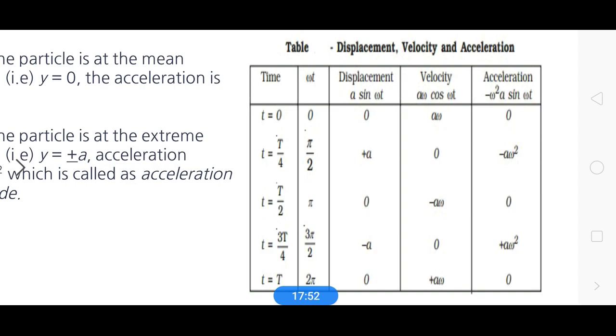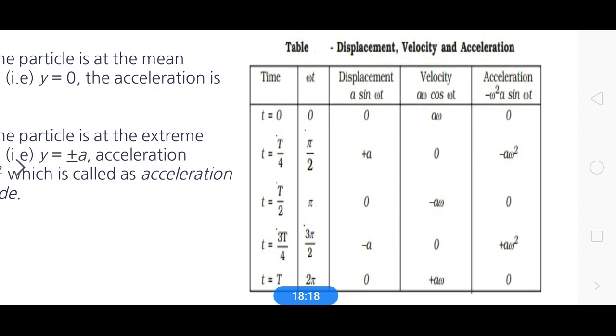But cos 0 is equal to 1. We get at time t is equal to 0, the velocity is a omega, meaning it is maximum. So at t is equal to 0 it is in the mean position. In the mean position the velocity will be maximum, that is a omega. And the acceleration of the particle is minus omega square a sin 0. So it is 0.